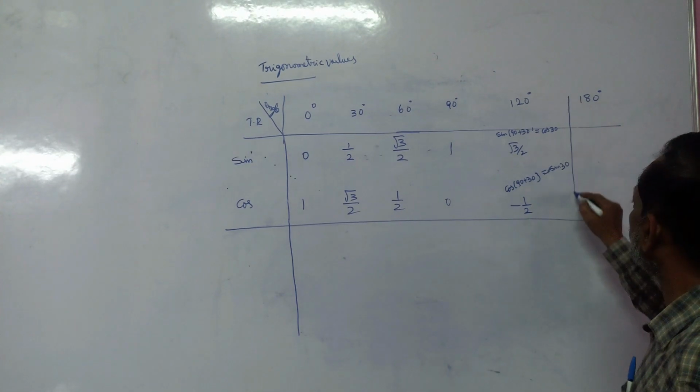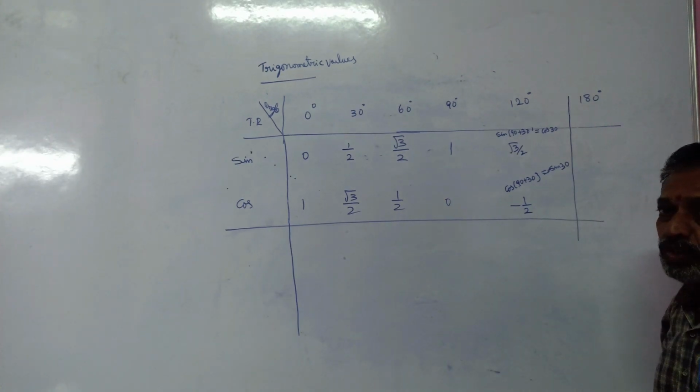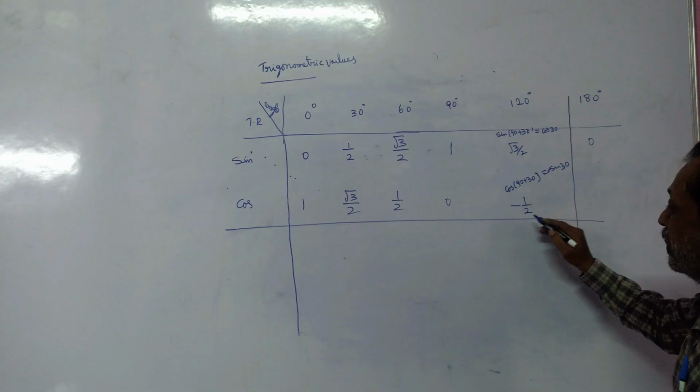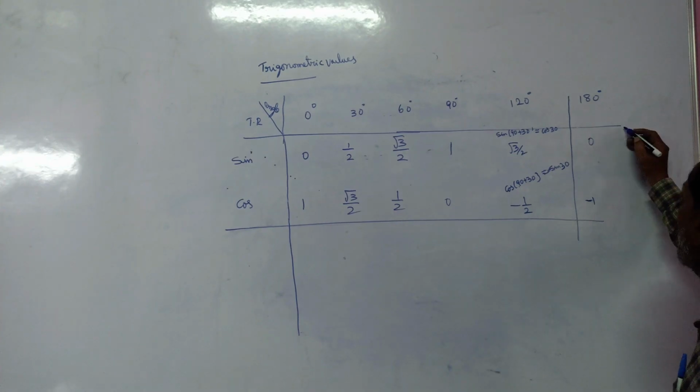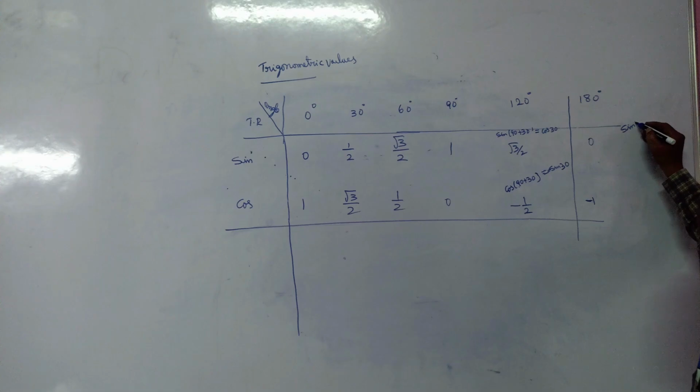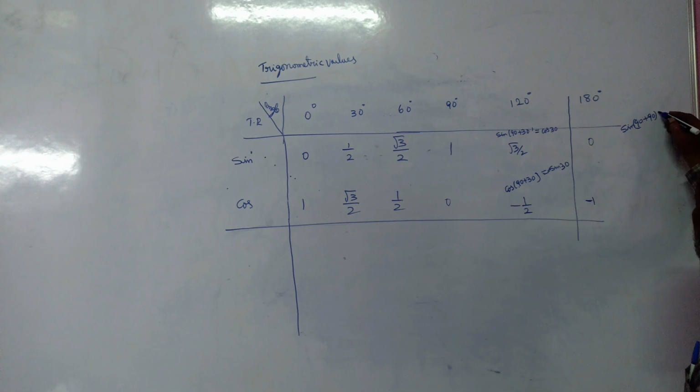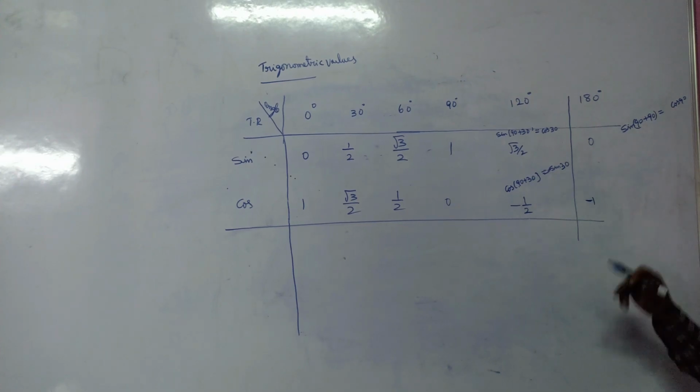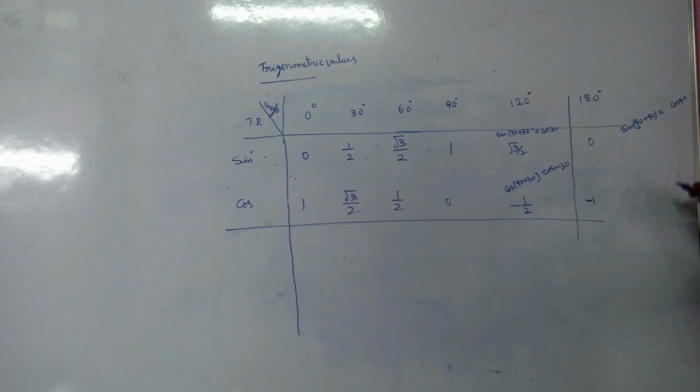Next, sin 180 is 0, but cos 180 is minus 1. Anybody having doubt how you got sin 180? Very simple: sin of 90 plus 90. Since 90 is an odd multiple, sin becomes cos, with theta 90.